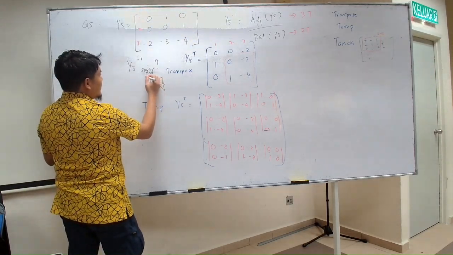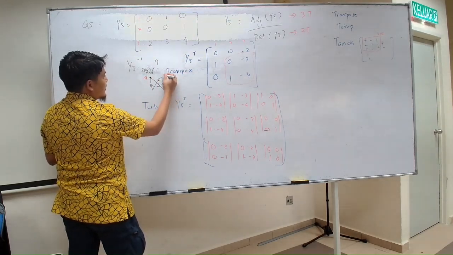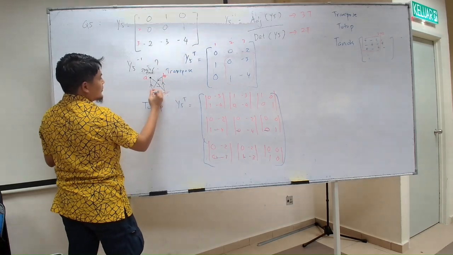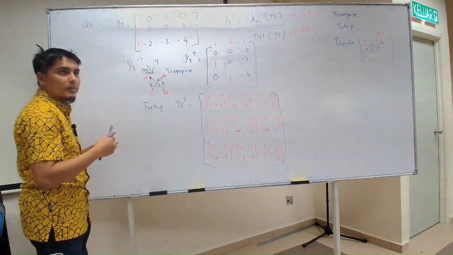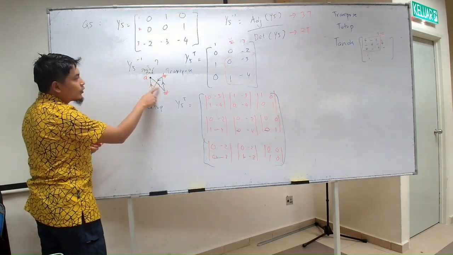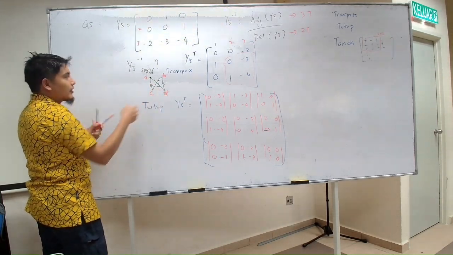Let's say this is A, B, C, D. It's starting here from A, and then it goes to D, is it?